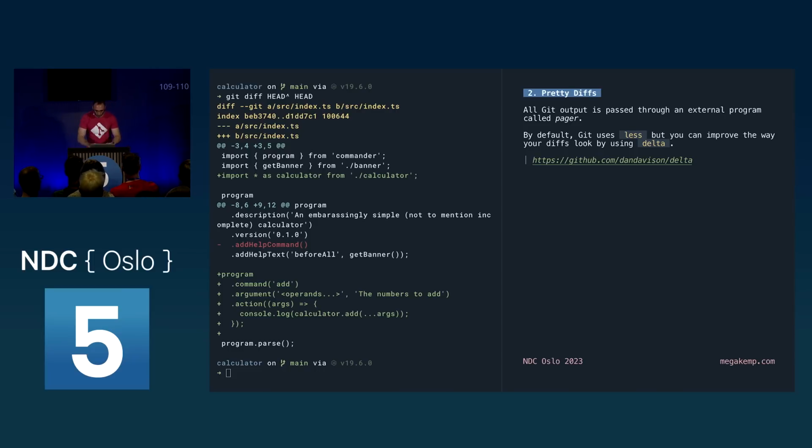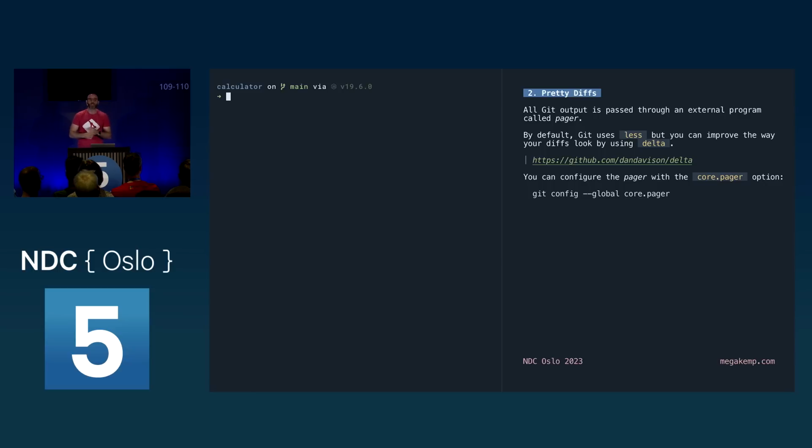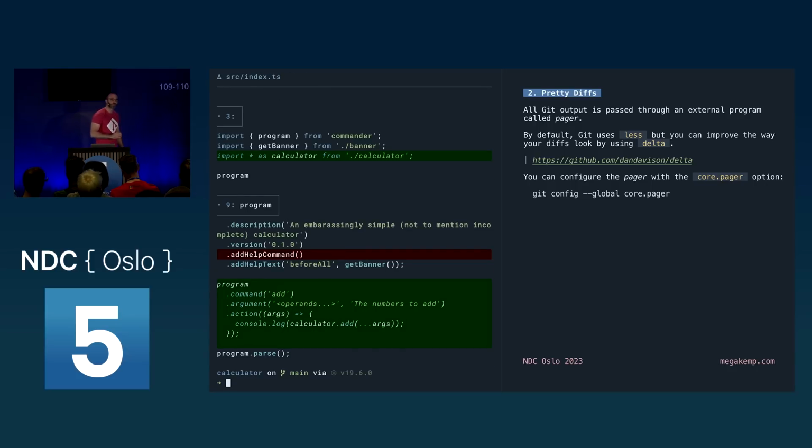So what you can do is that you can just set the core.pager option to Delta, and now Delta is going to take care of all the diffs for you. So of course you need to install it first, which I already did, but you say git config global core.pager, and then you say Delta. And now if you do the same diff, it looks like this.